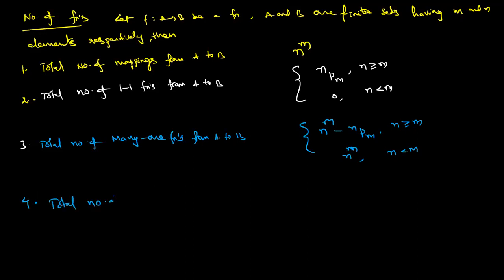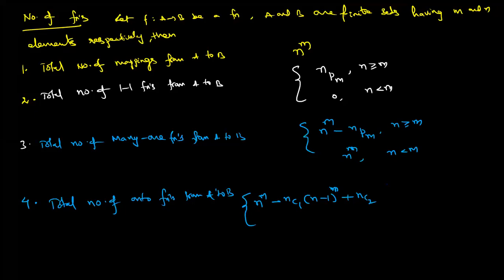Total number of onto functions A to B. n to the power m minus nC1 times (n minus 1) to the power m, plus and so on. These proofs are there for this case, but we discuss them next year, second year, in permutations and combinations especially.